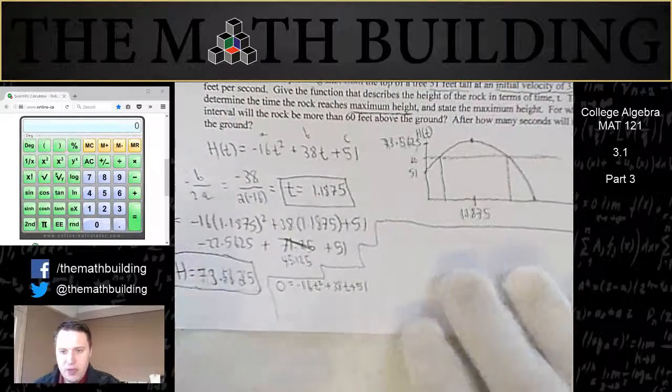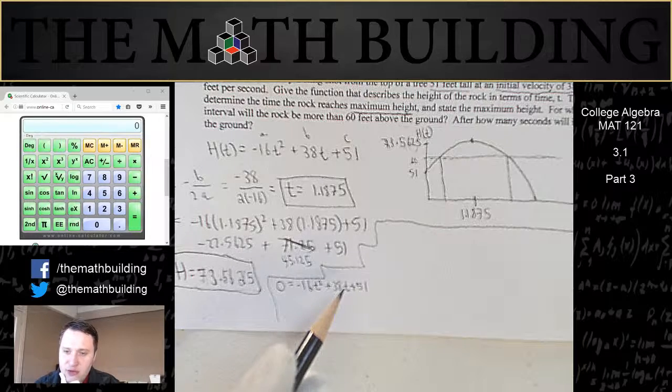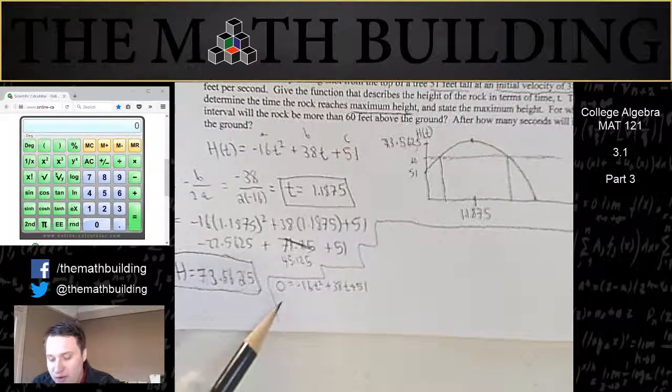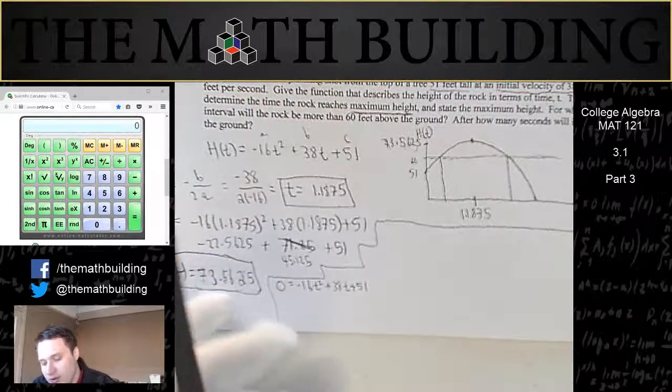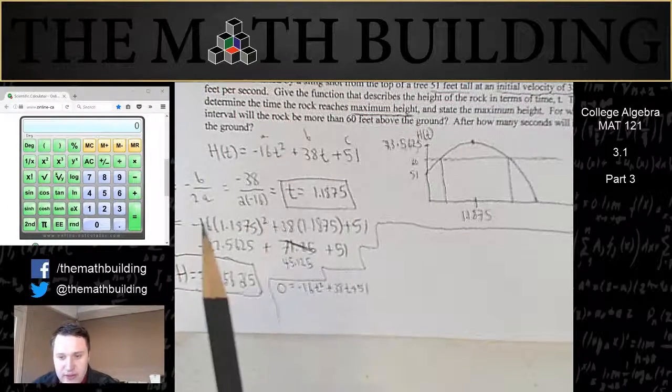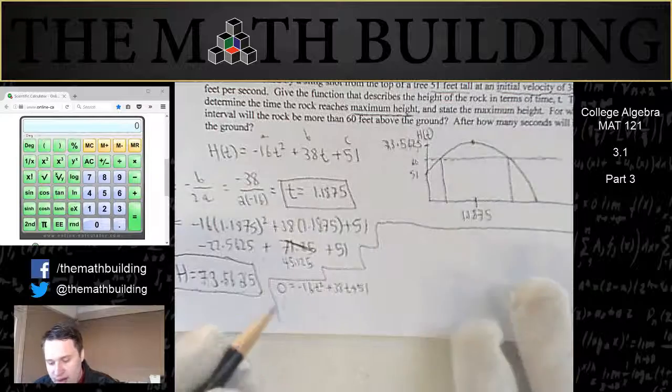So how on earth are we going to solve this equation that has a square term and a linear term and a number? Well, if you can, you should try to factor and use the zero factor property. But we don't have that, and this won't factor very easily. And so what we need to do instead is something I've already taught you, which is the quadratic formula.